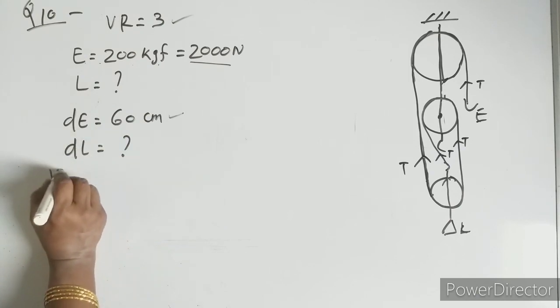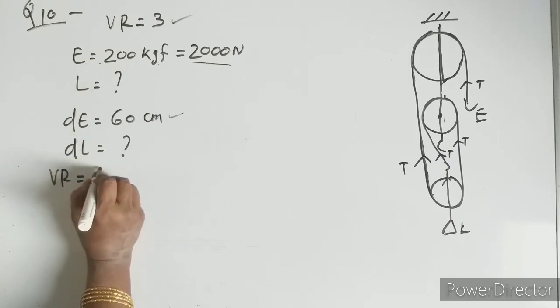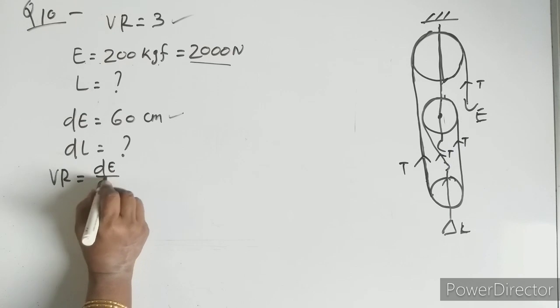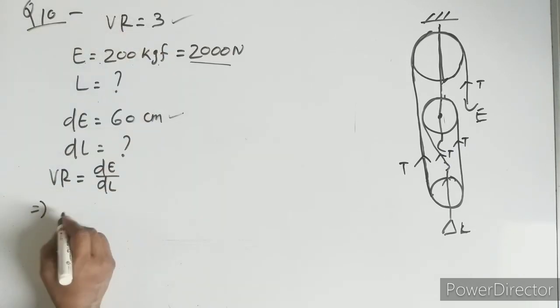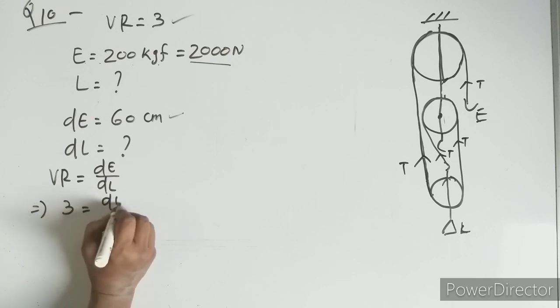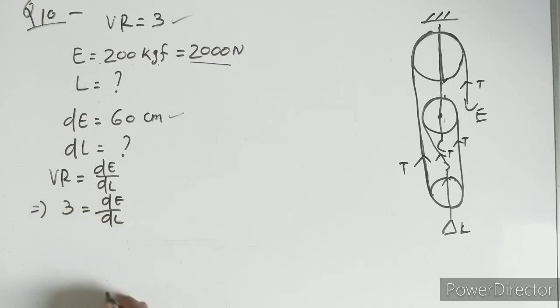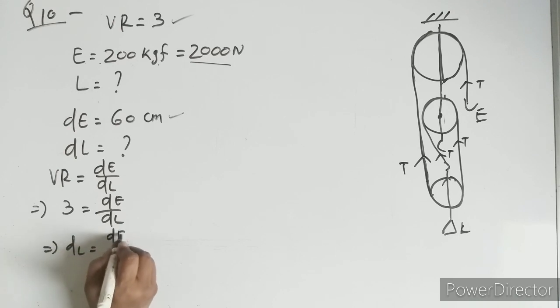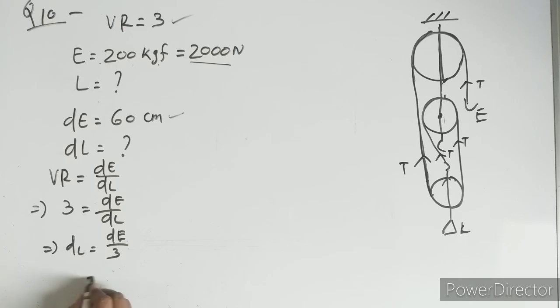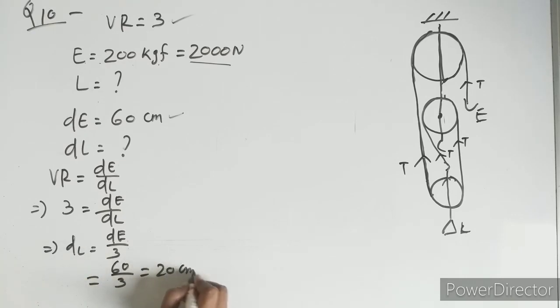Here we know velocity ratio is equal to distance moved by effort by distance moved by load. But here it is given velocity ratio equal to 3. So 3 equals dE by dL. dL, the distance moved by load, equals dE by 3, which is equal to 60 by 3 equals 20 centimeter.